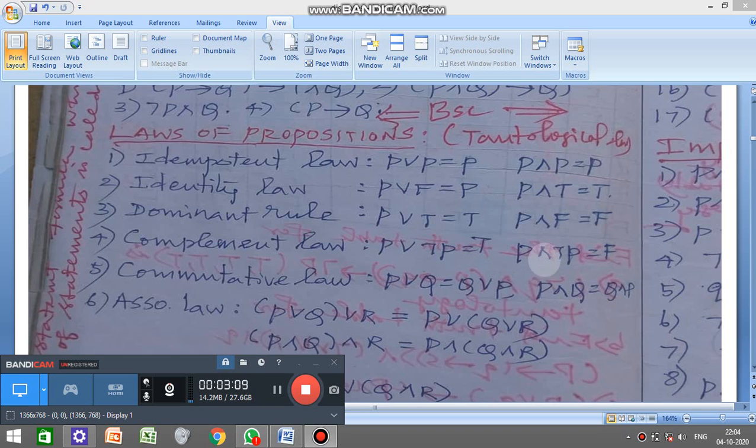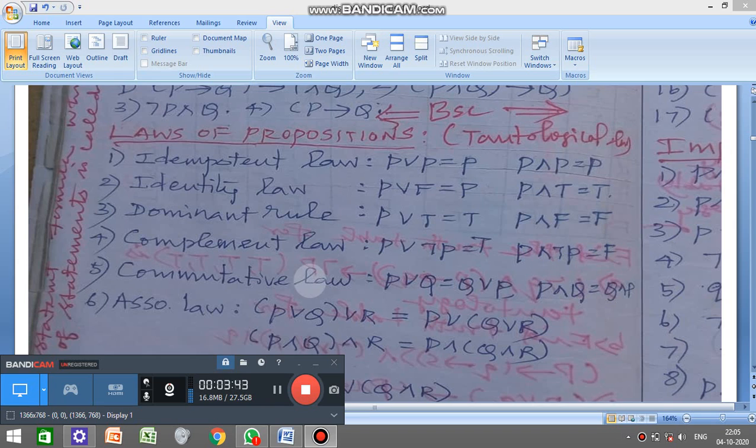But if you connect P and the negation of P by AND, you will get a contradiction. Many propositions were taken and this law was found, called the complement law. P or negation P gives you a tautology, and P and negation of P gives you a contradiction.